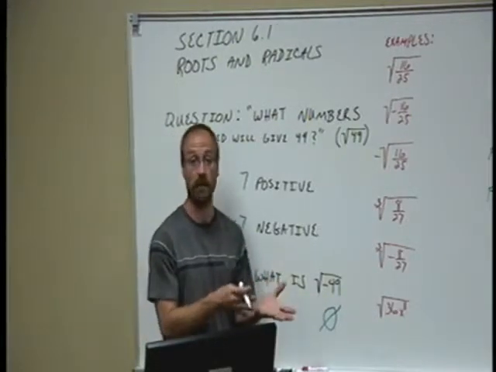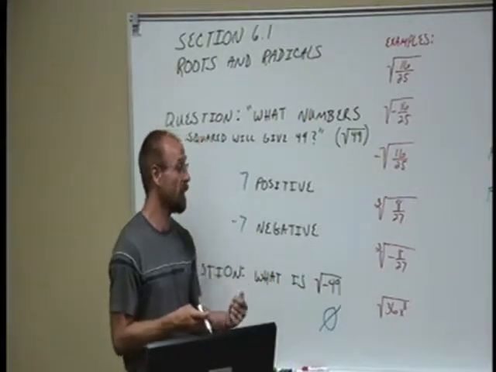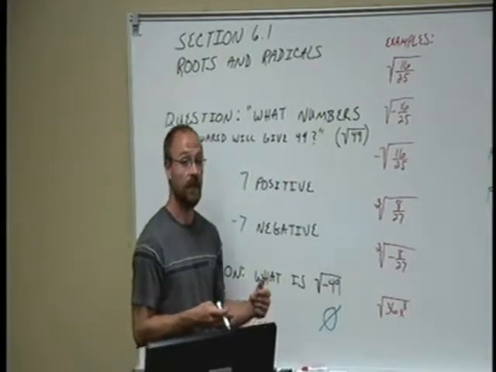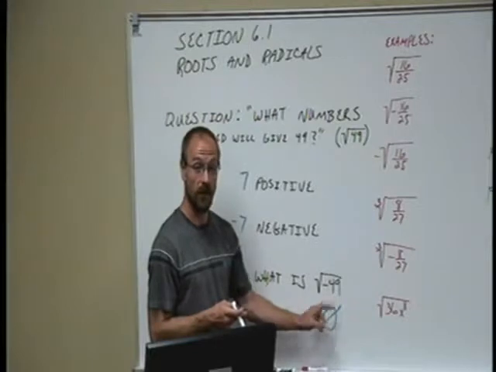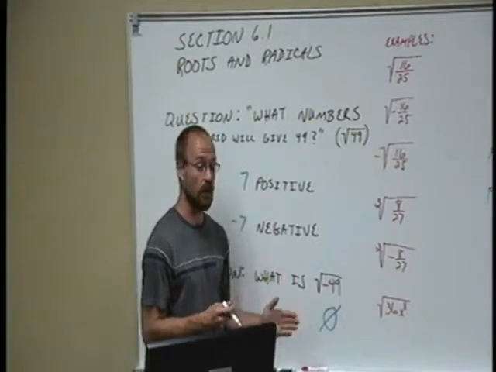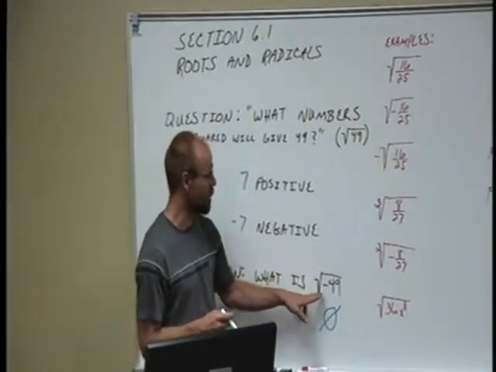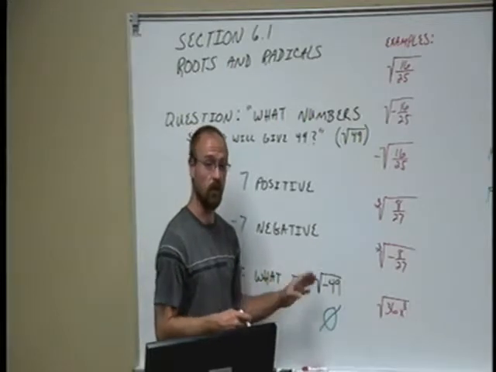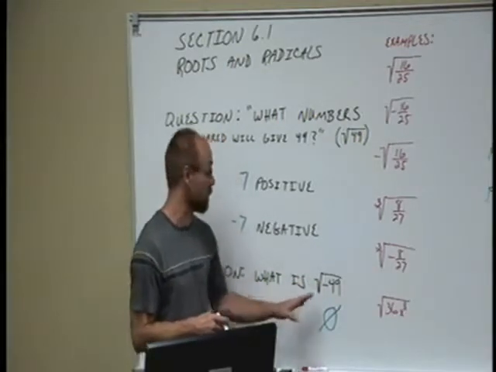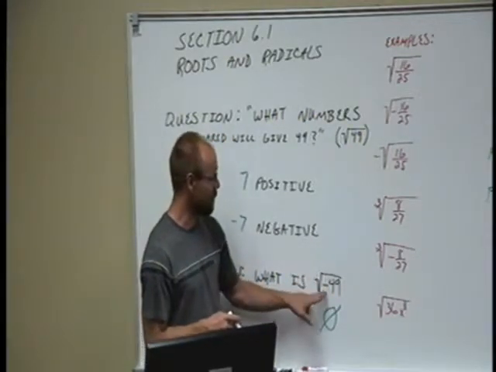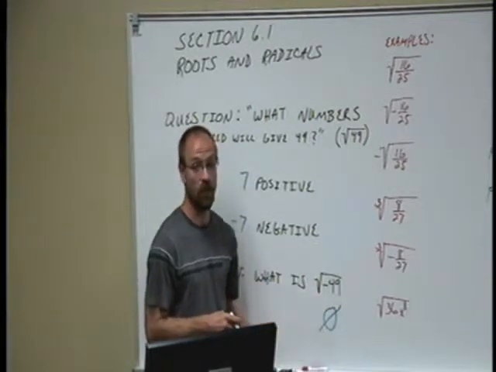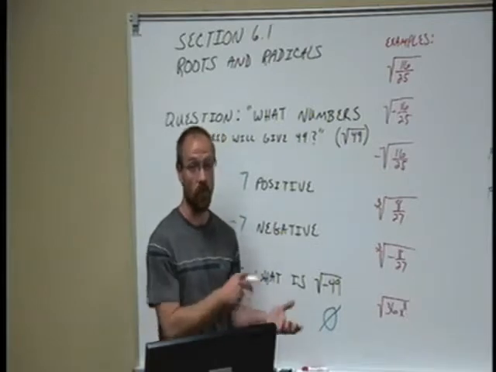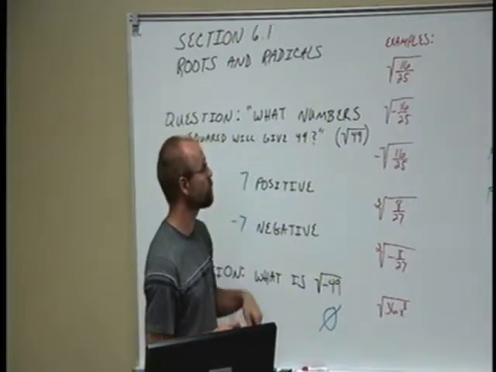A positive times a positive is a positive, and a negative times a negative is a positive. So there is no real number times itself that'll give us negative 49. So when we see a square root, or maybe a fourth power root, we'll talk about those indexes shortly, if it's an even root with a negative value under the radical, it's no solution, or no real number. We might want to write out no real number.